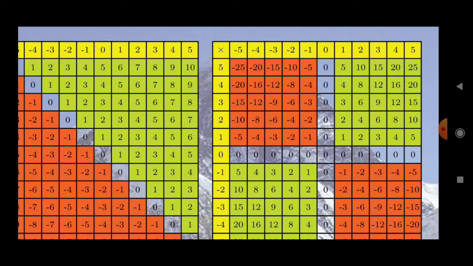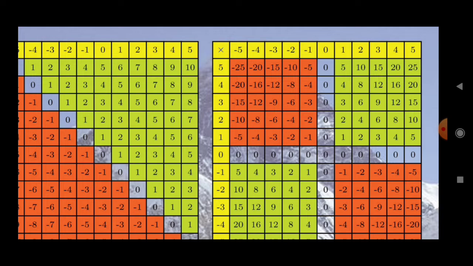That means 0 plus 1 is 1, 1 plus 1 is 2, 2 plus 1 is 3, 3 plus 1 is 4. Like that we get all natural numbers, or all positive numbers. Similarly, 0 minus 1 is minus 1.